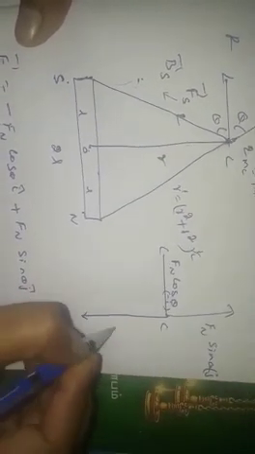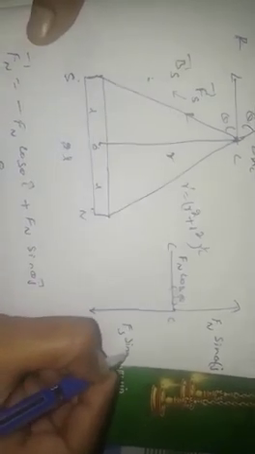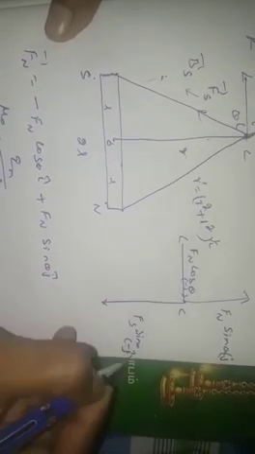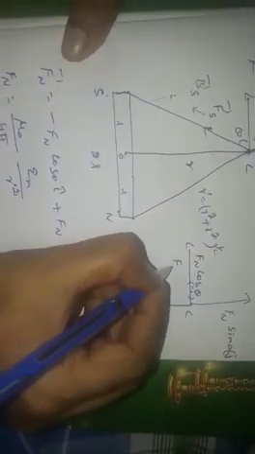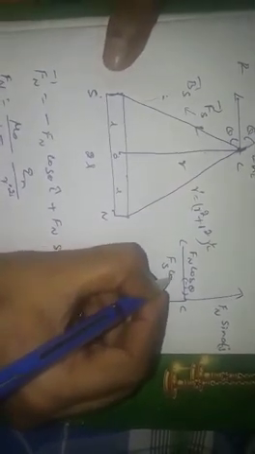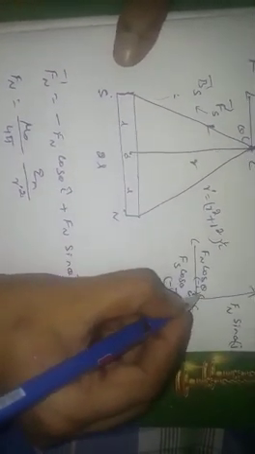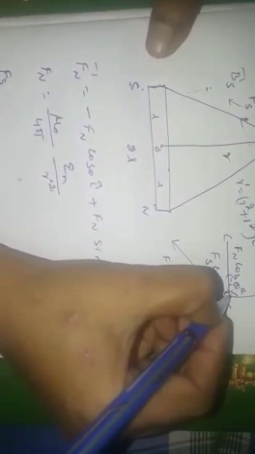In this direction, due to the south pole, Fs sin theta along minus j cap, and along the horizontal, Fs cos theta along minus i cap. It makes an angle theta, as we already know. This is the direction of Fs, and this is the direction of Fn.